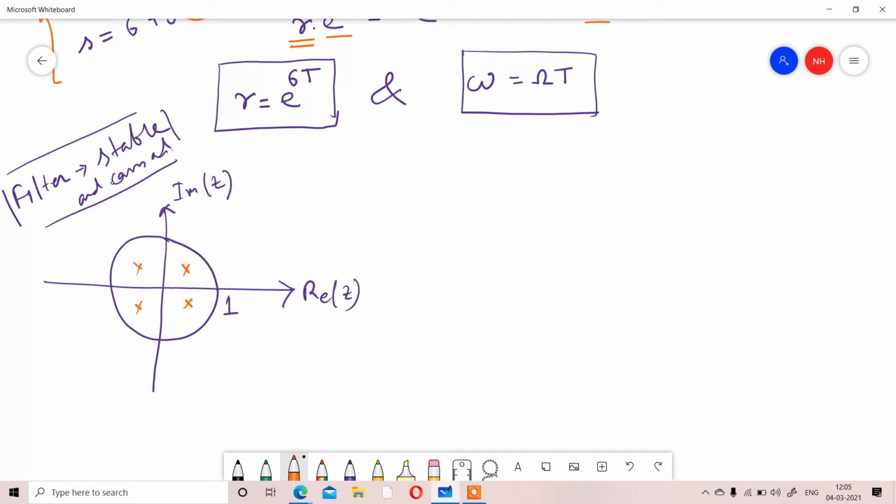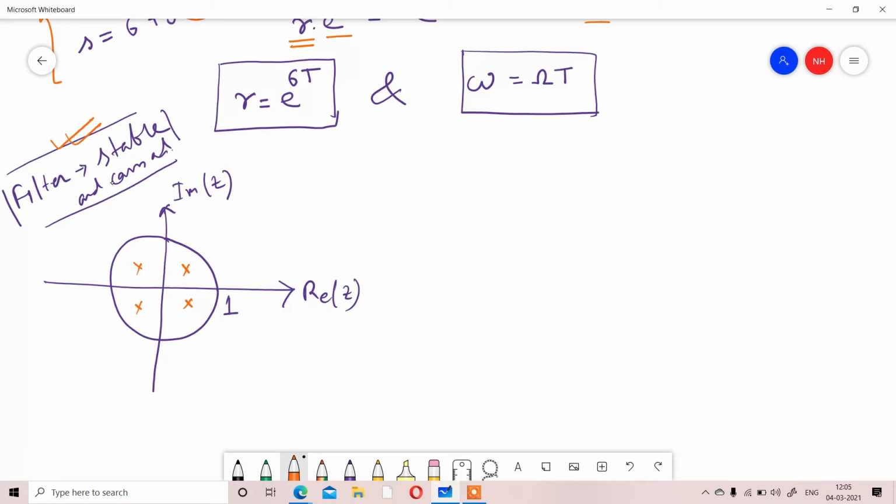So obviously 1 will be within the ROC, which satisfies our filter conditions of stability and causality. That we have seen a few classes back.